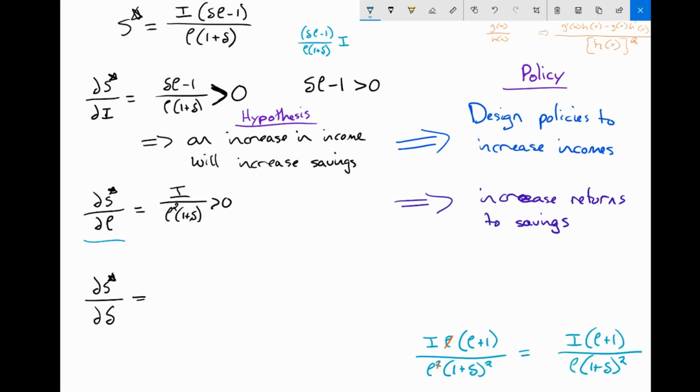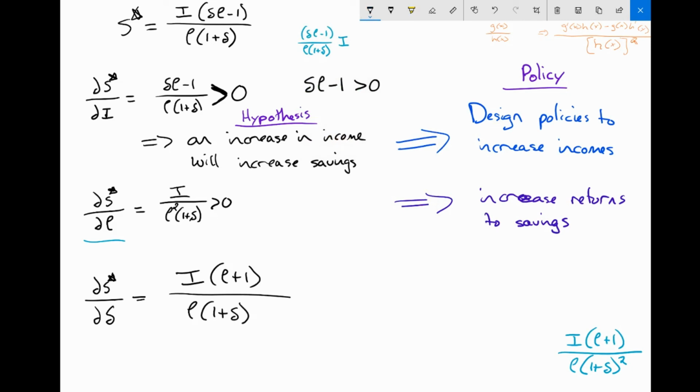Is that number positive or negative? Well, all these numbers are positive. Income's positive, rho's positive, delta's positive, so this is positive.